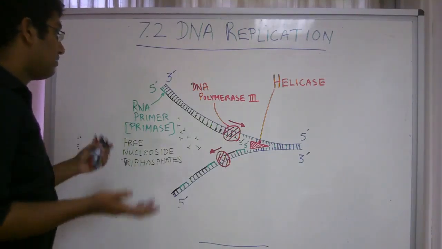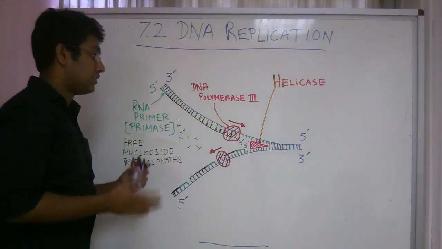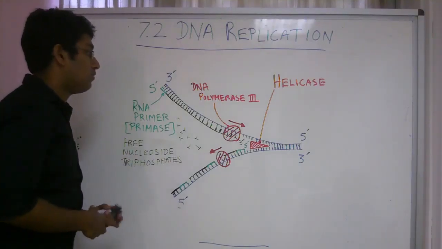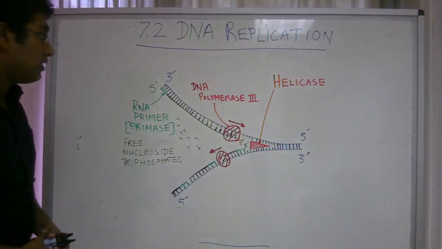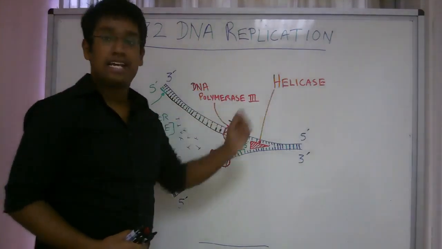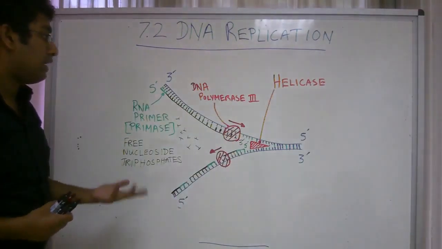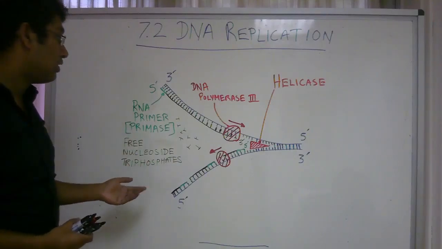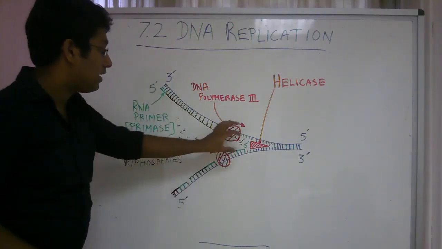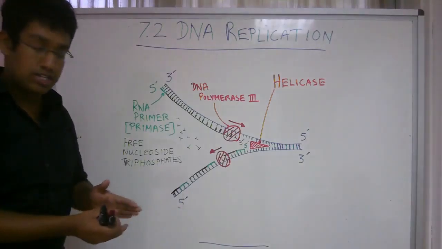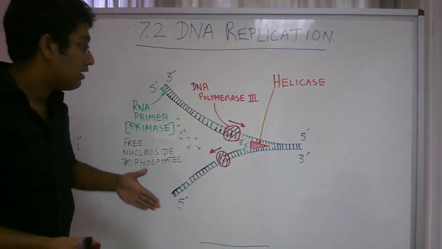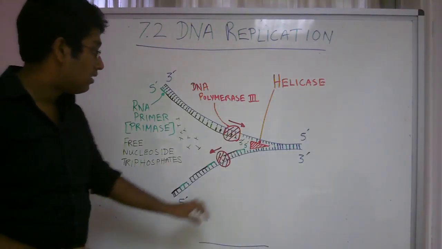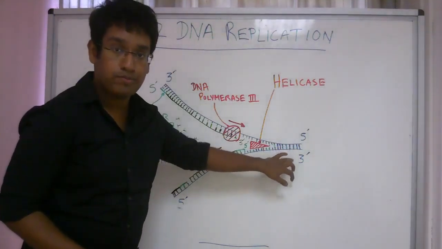So I've just put up a generalized diagram for DNA replication, just to go through some of the points. So once again, to recap, DNA helicase is the first enzyme to play a role in the process of DNA replication. DNA helicase separates the parent DNA molecule into its composing 2 strands, which are drawn in the color blue.